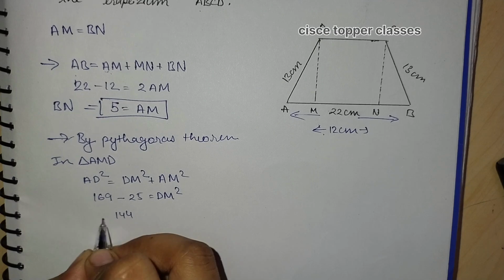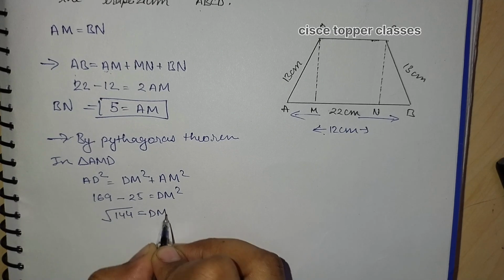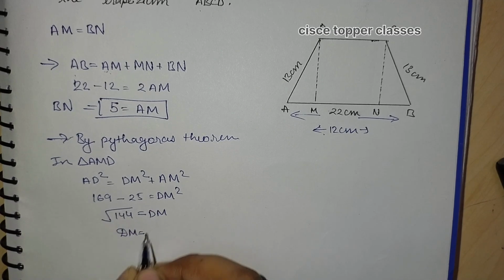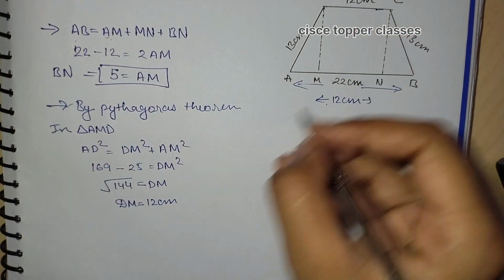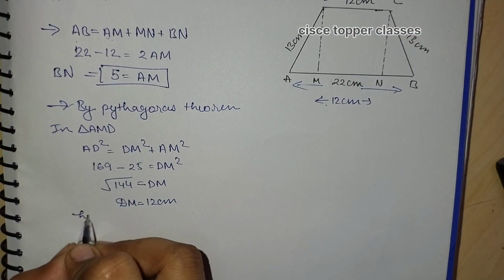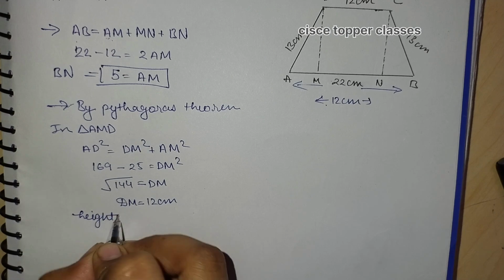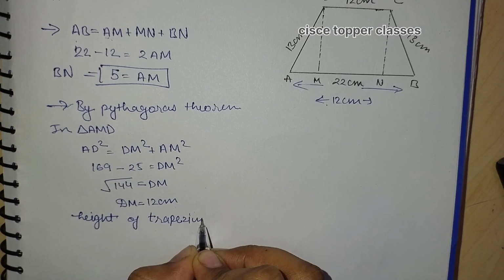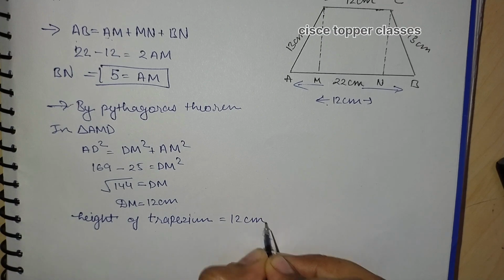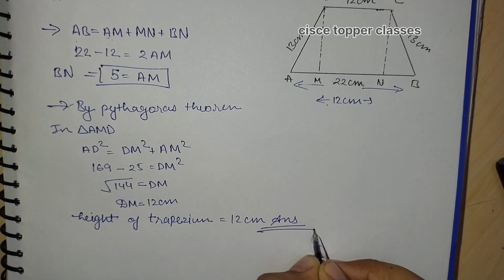This will be the square root of 144 equal to DM, means DM is equal to 12 centimeter here, and hence DM is the height of the trapezium. So the height of the trapezium is equal to 12 centimeter. This is the final answer in this question.